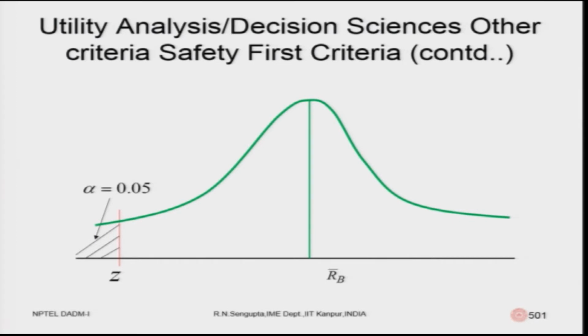Alpha is basically on the left, 0.05. It could have been on this side also, the total area could have been 0.045, 0.4, 0.45, and so on. So, it depends on how you are able to manage the problem.